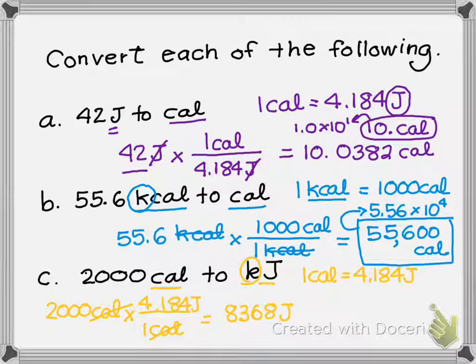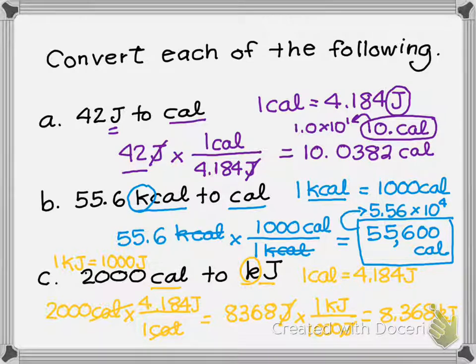Then I know, I'm going to write it over here, I need kilojoules. So I know 1 kilojoule equals 1,000 joules because kilo means 1,000. So I will put the 1,000 joules on the bottom, the 1 kilojoule on the top, so they cancel. And so divided by 1,000, I get 8.368 kilojoules.